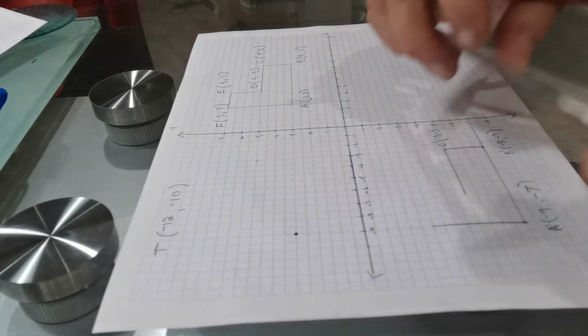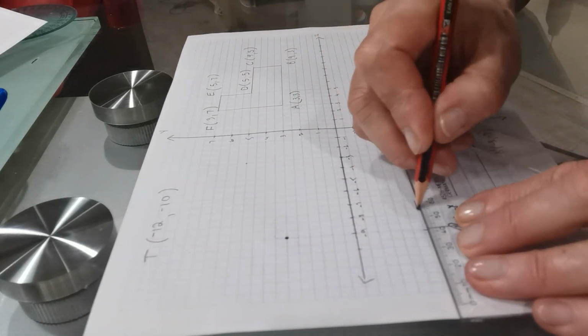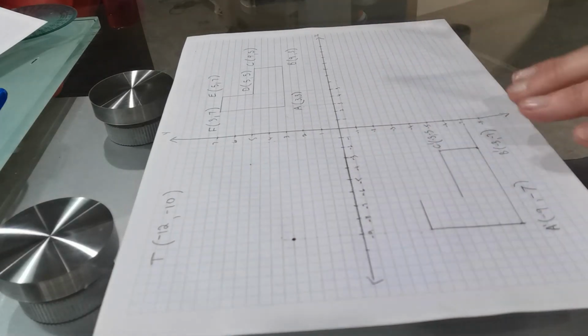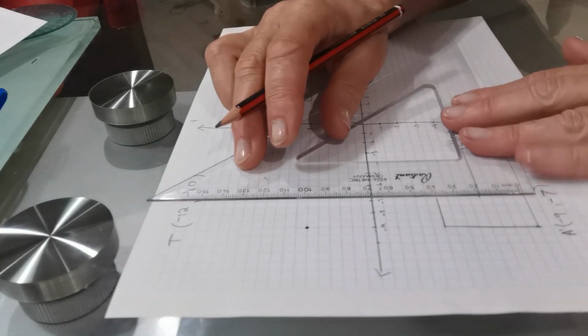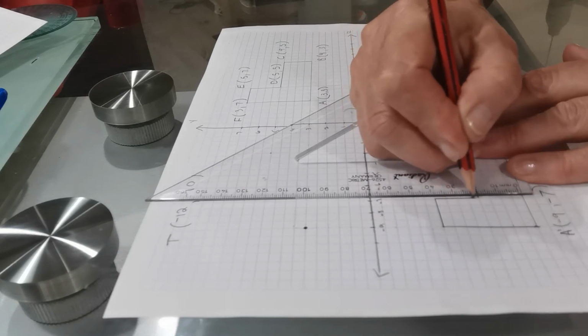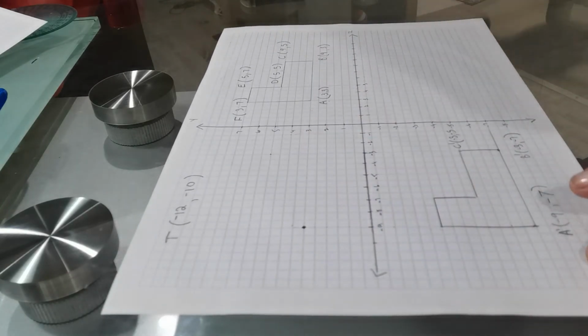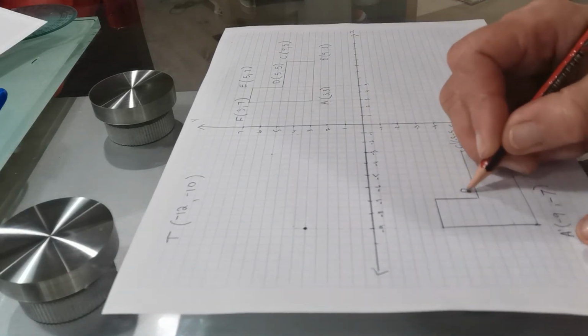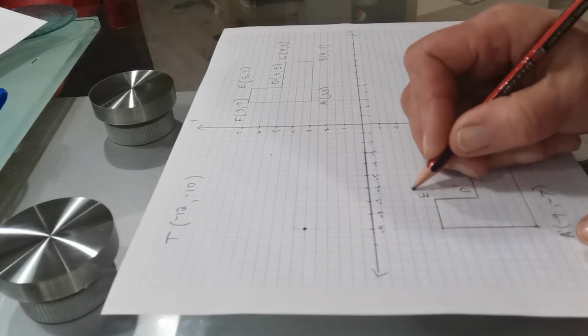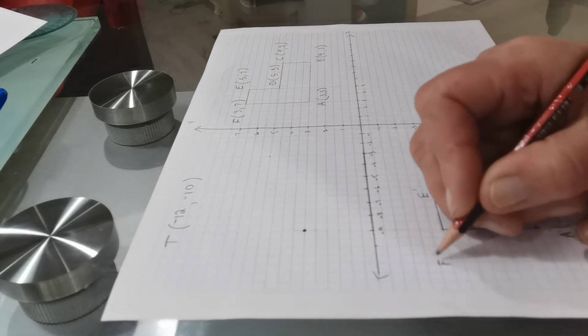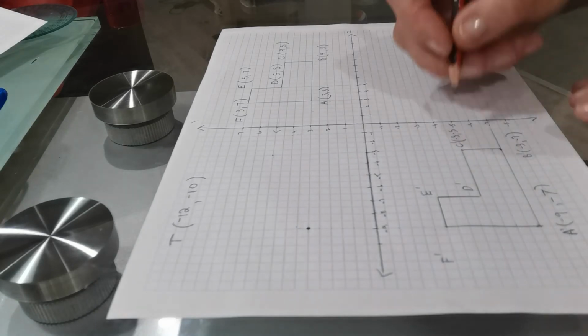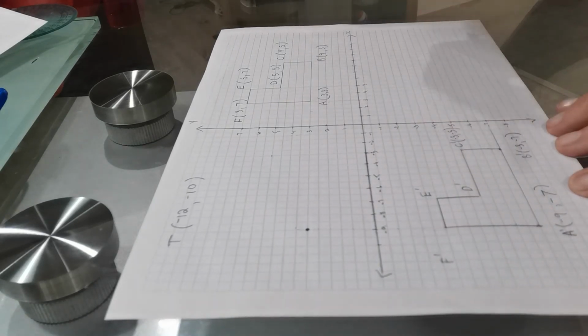Across 2 units, the top and down. So we have the same congruent shape, and we'll label all the corners. So this is D prime, E prime, and F prime. Okay, let's have a look and see what patterns we can observe.